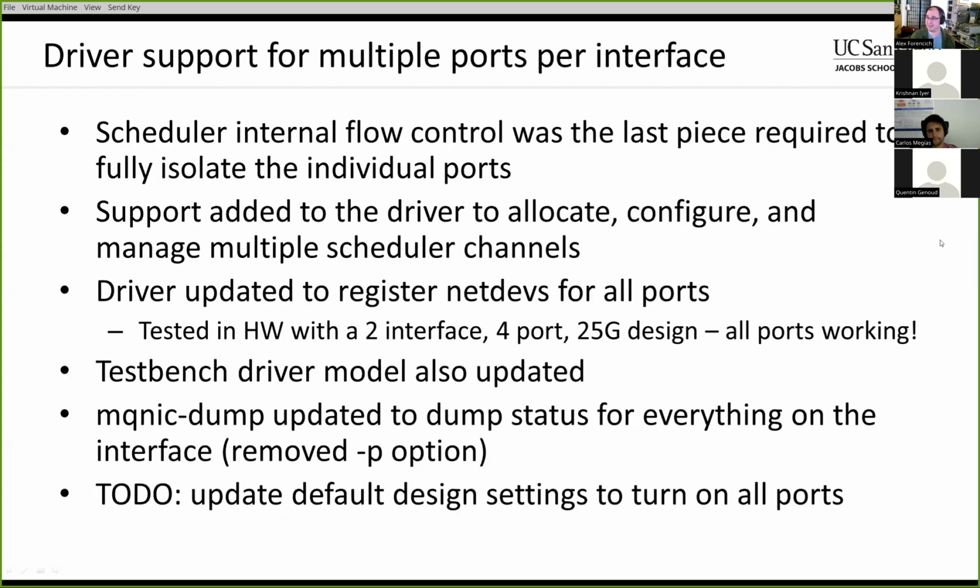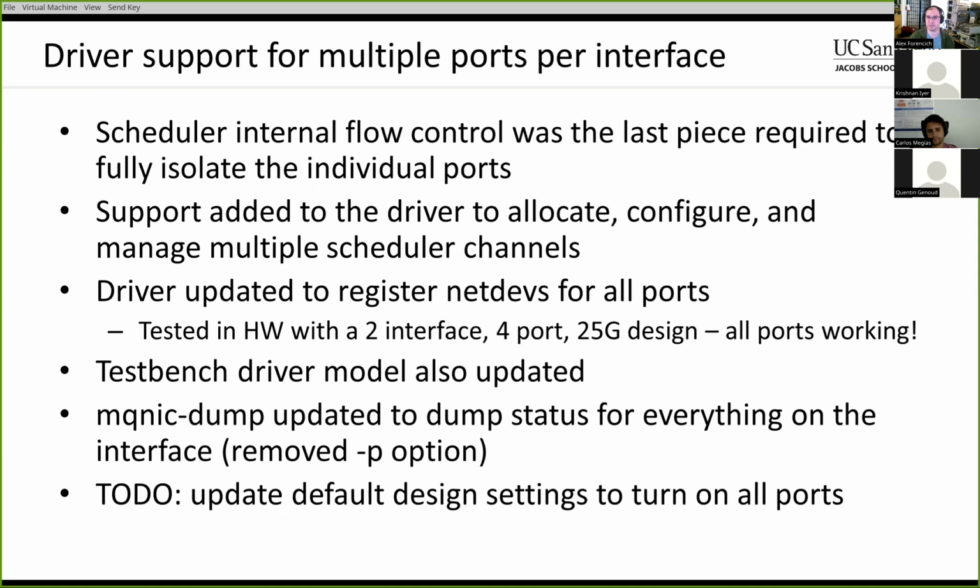All right, so now that I had that working, I went and took a look at the device driver, because now that we can have multiple schedulers running and not interfering with each other due to the flow control credits, what we can do is isolate the individual ports and expose them as separate network interfaces at the operating system level.